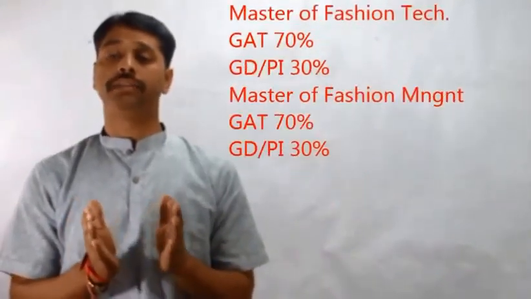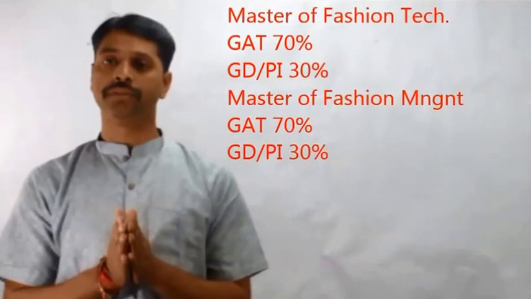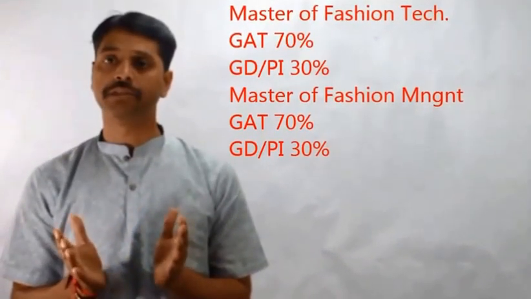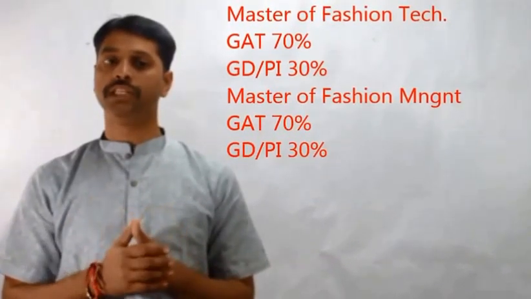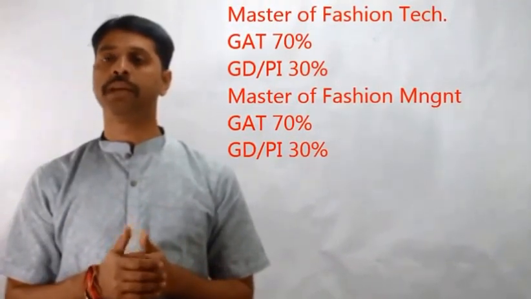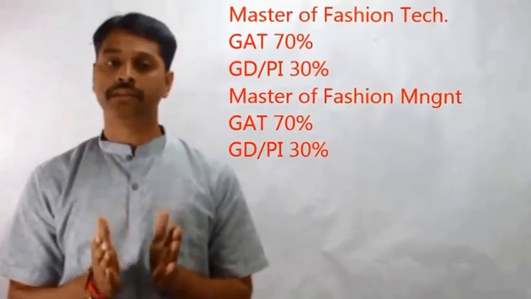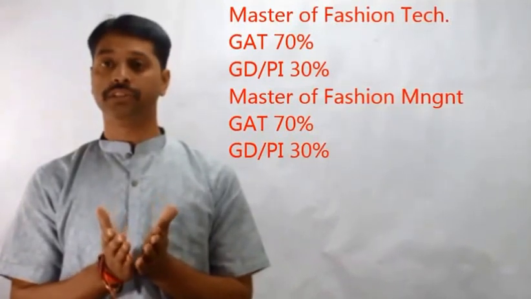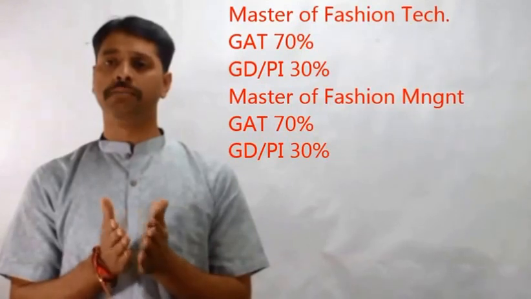For MFTech, Master in Fashion Technology, there is no CAT, only GAT and GDPI. GAT has 70% weightage and PI has 30% weightage, and for MFM GAT is 70% weightage and GDPI is 30% weightage. It means Master in Fashion Technology and Master in Fashion Management both have the same weightage in their papers.